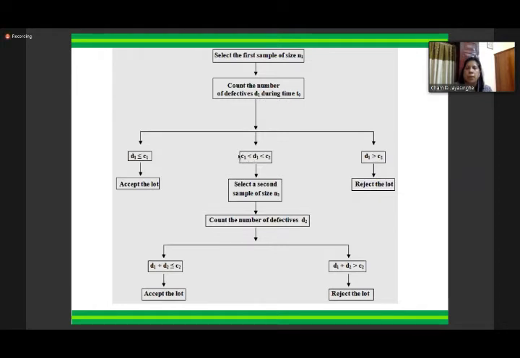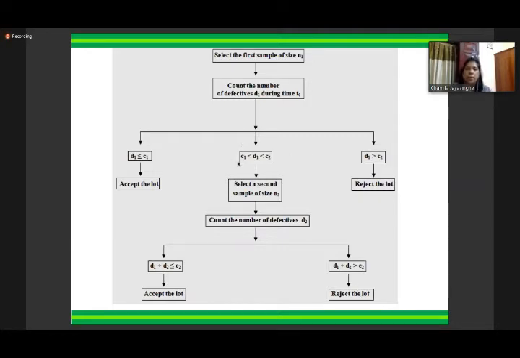If D1 is in between C1 and C2, then they select a second sample of size N2 and count the number of defectives D2. In that situation, they check whether D1 plus D2 is greater than C2, right?